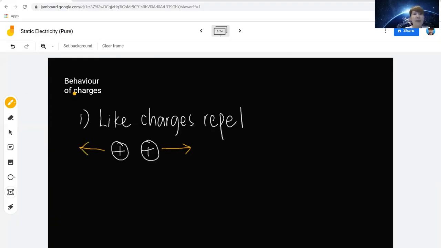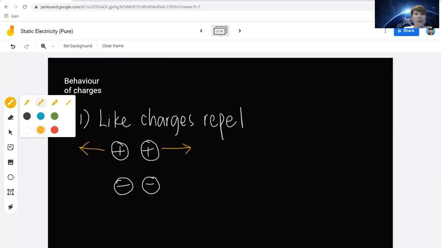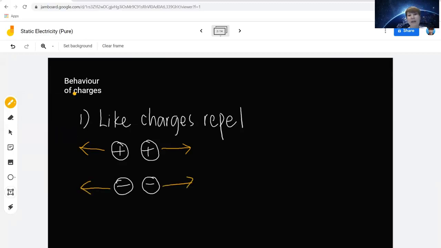This is the same when you place a negative and a negative near to each other; likewise, a push force is applied and pushes both charges away from one another.